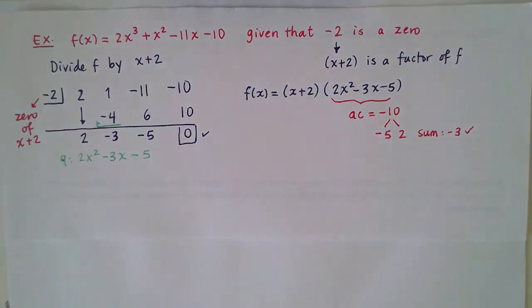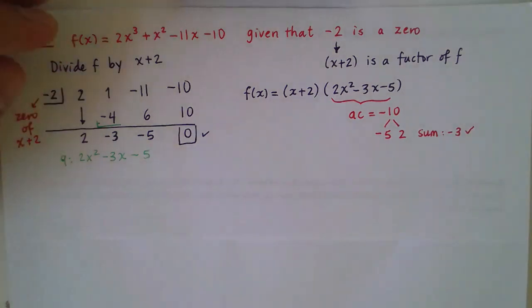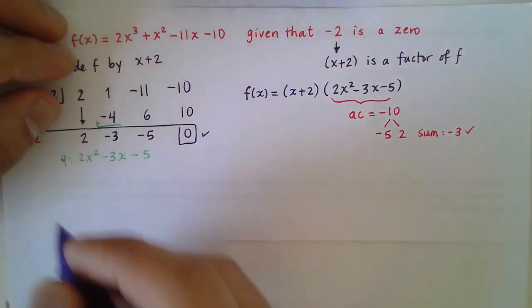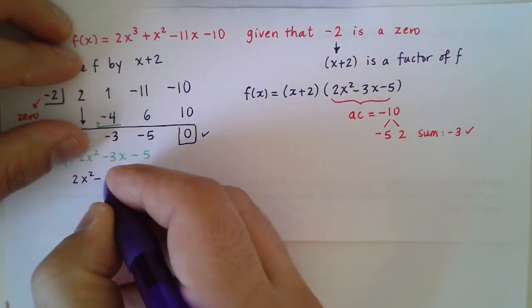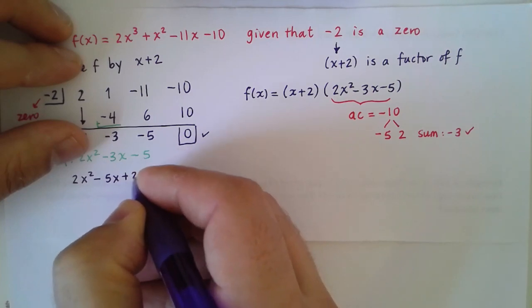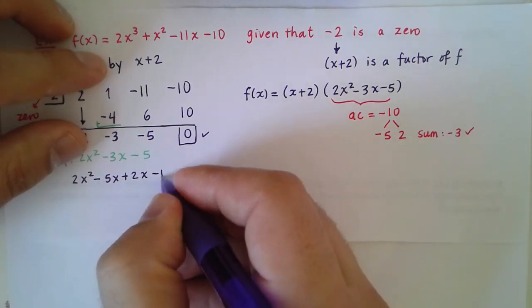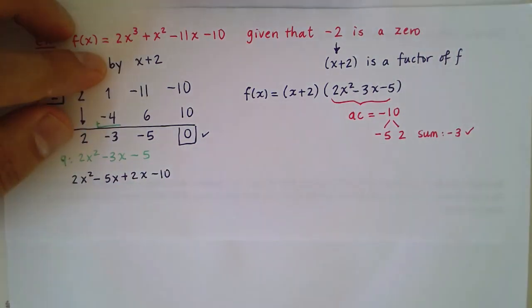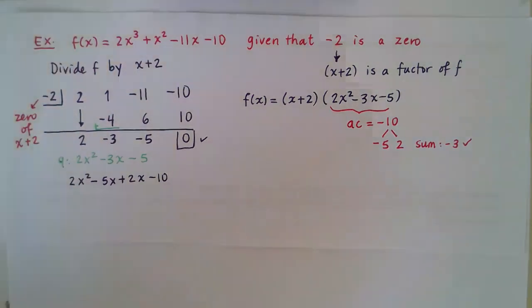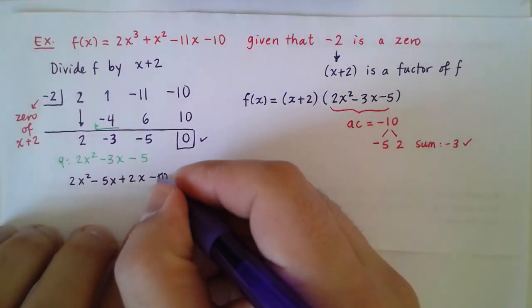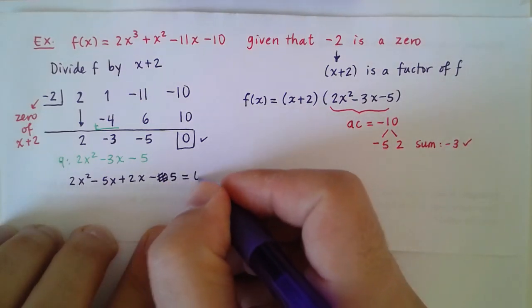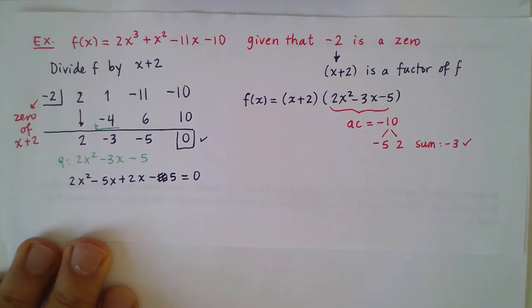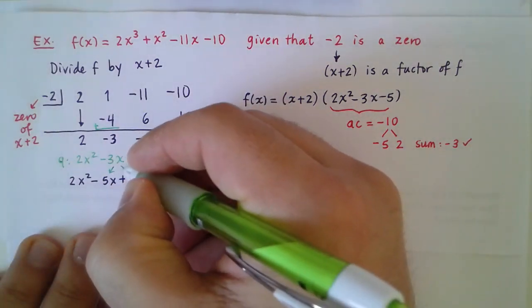So now the next thing is simply finding the zeros of that polynomial. You divide it into two groups: 2x squared minus 5x plus 2x minus 5 equals 0. I just divide this into two groups.